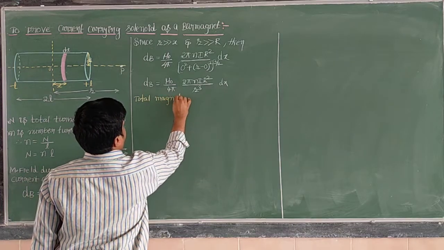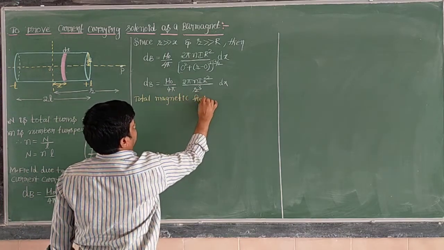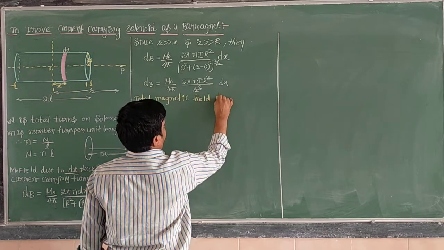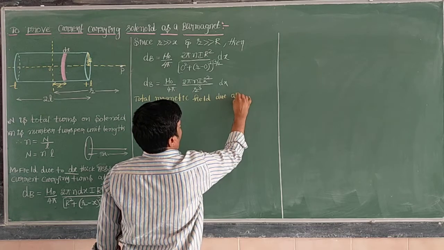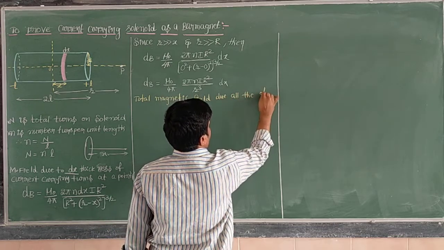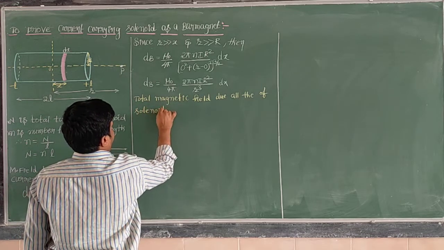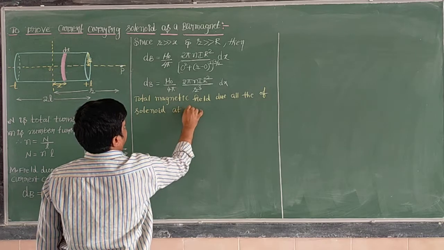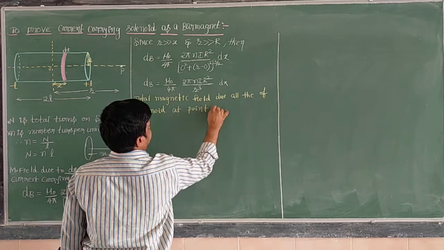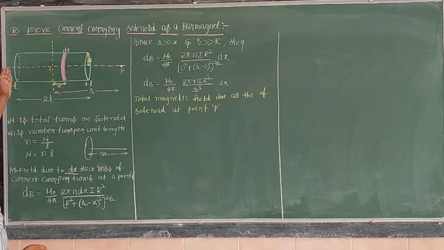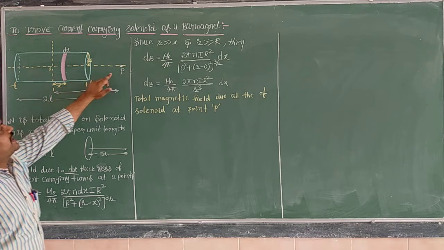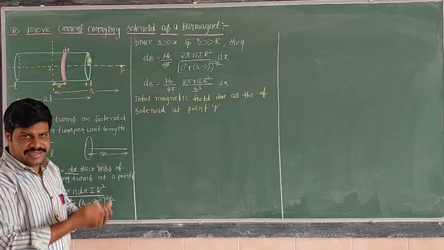Next, the total magnetic field due to all the turns of the solenoid at point P. Now, due to the total number of turns from minus L to plus L, whatever number of turns are there, to find the magnetic field at point P we have to integrate.